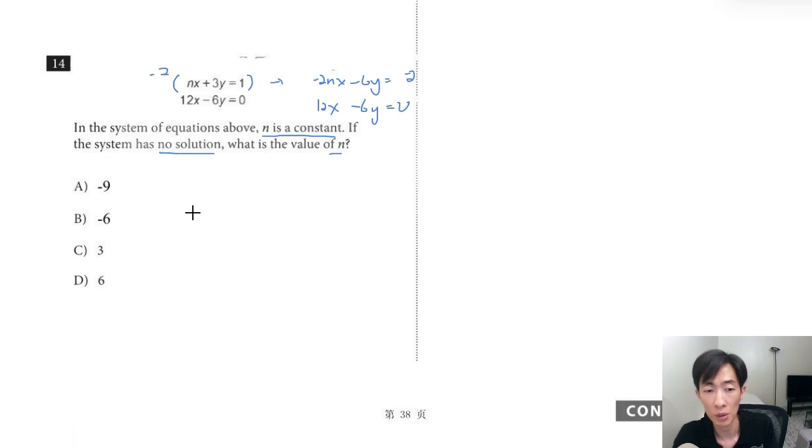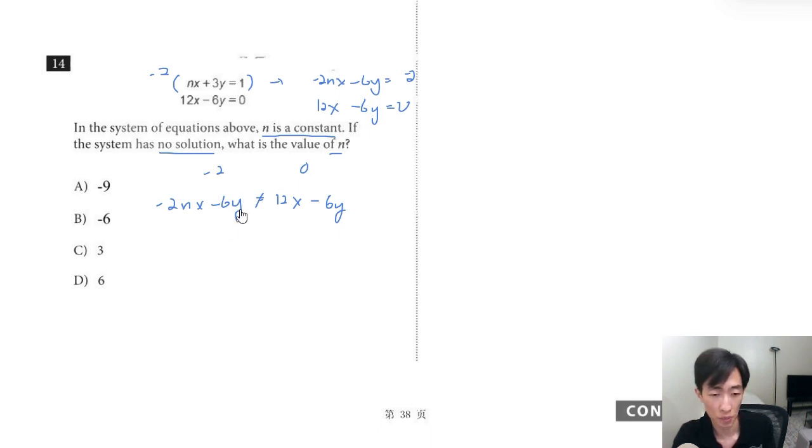So if we set them equal to each other, which they're not, negative 2nx minus 6y equals 12x minus 6y. We know the left side is equal to negative 2, the right side is equal to 0, so this equation is already not equal. So if we can make the left and the right side say the same thing, then no matter what values we plug in for x and y, they're not going to be equal to each other.